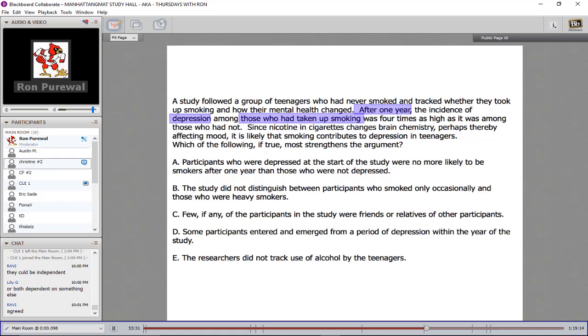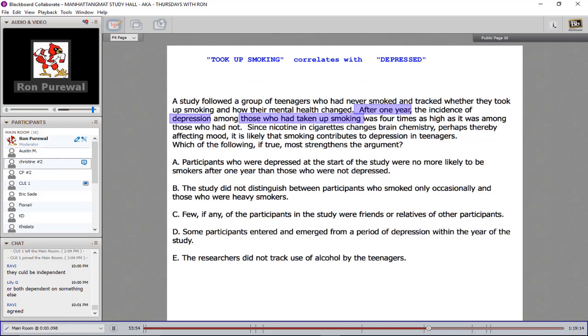So they said, taking up smoking correlates with depressed. So they're saying cause and effect.